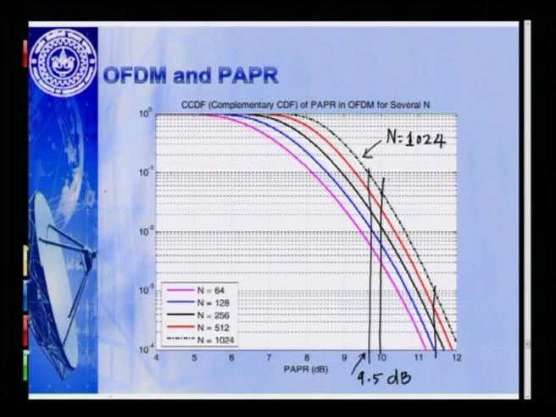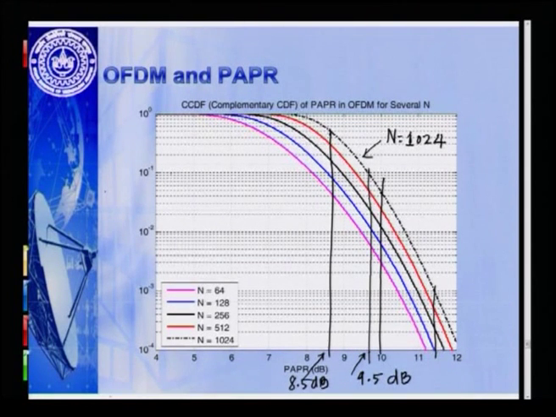I am sorry, this is not the 50% point, the 50% point is this. It says with 50% probability the PAPR, this is roughly let us say 8.5 dB.